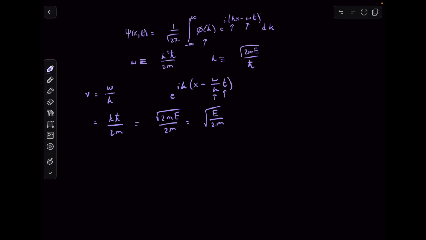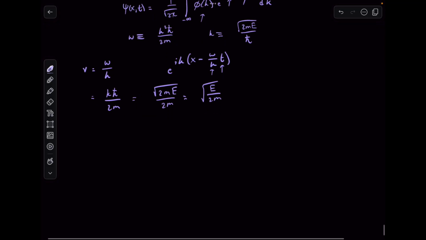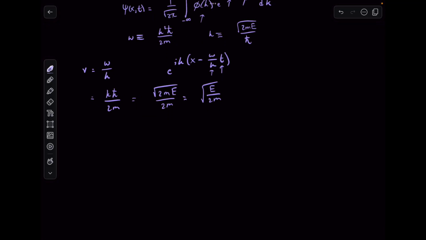And this would be all right, except it's actually incorrect if we relate it to what the energy should be classically. We don't really want any disagreements there. The actual speed of this wave should match what we would find from the classical equation relating energy and the speed, which in this case, since there's no potential, we just have that 1/2 m v squared is equal to the energy.